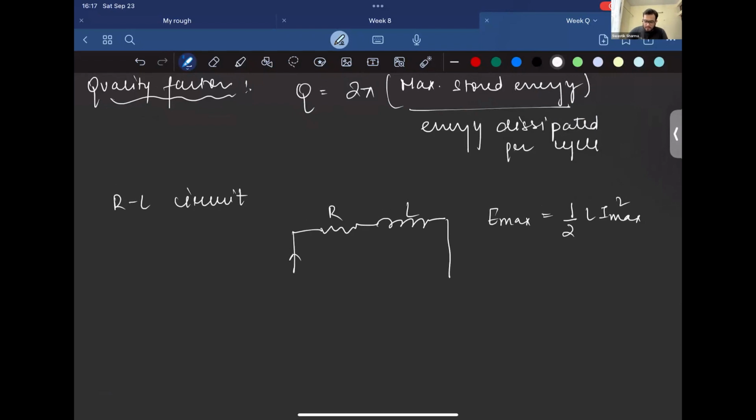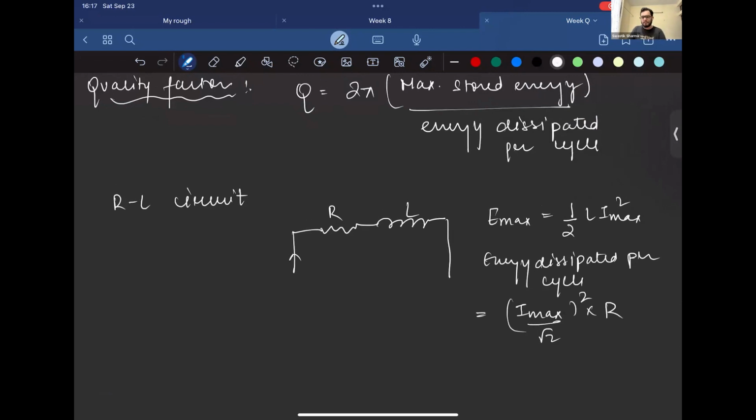So, for example, a resistor is connected, right? It will dissipate what? I max square into R, right? So the energy dissipated would be I max over root 2, because we calculate RMS, squared, into R. Per cycle, we simply multiply it with T, or divide by frequency, whichever is convenient, right?